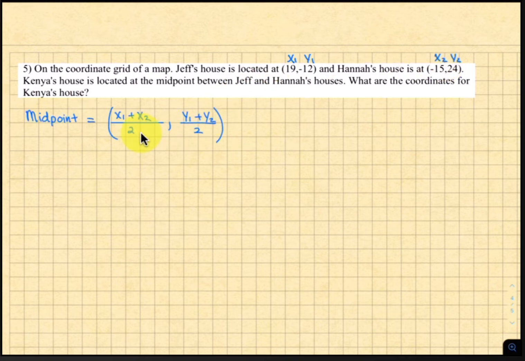Our midpoint formula is x1 plus x2 over 2, y1 plus y2 over 2. And 19 plus -15 is 4 over 2, and -12 plus 24 is positive 12. When we divide each of these by 2, we end up with our answer, (2, 6). That is the location of Kenya's house.